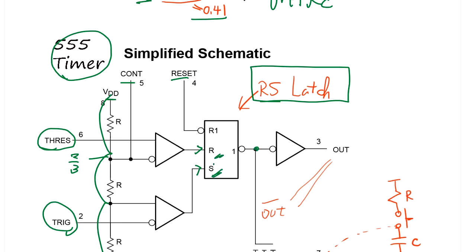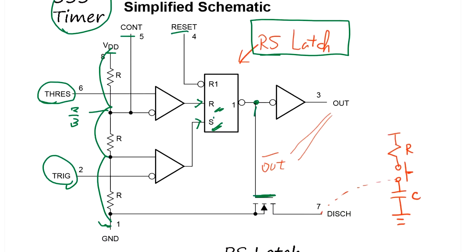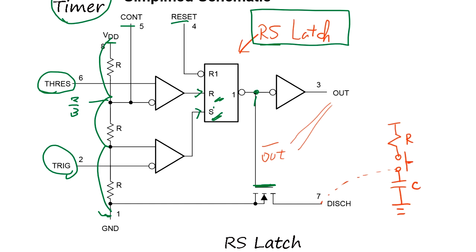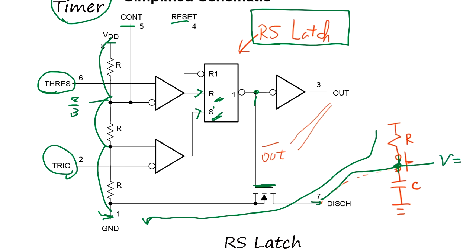Then when this output becomes high, this device turns on, and this point is short-circuited to the ground. So if you have this charging device connected here, we start discharging, the current flows this way to the ground. So this V becomes 0.